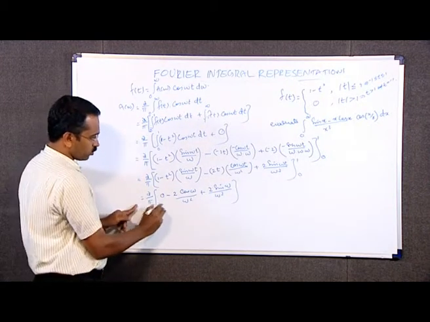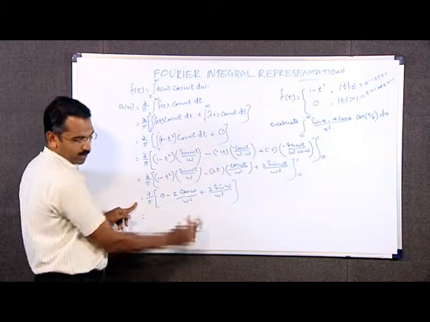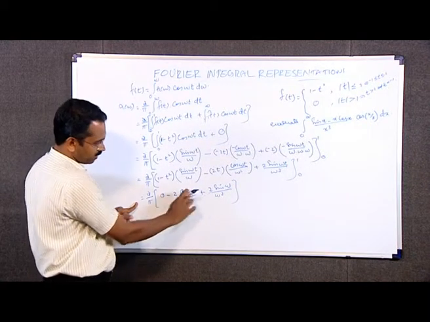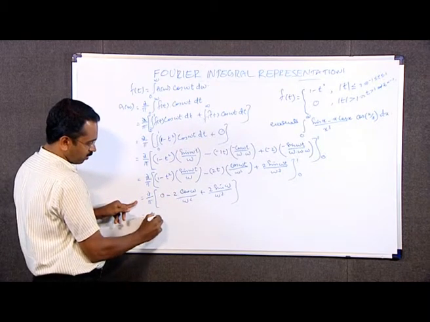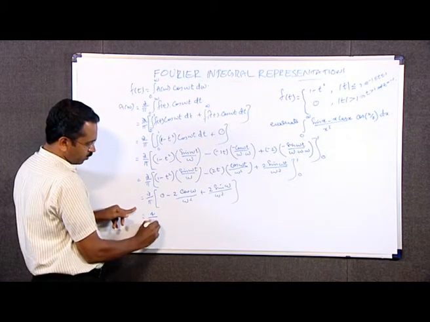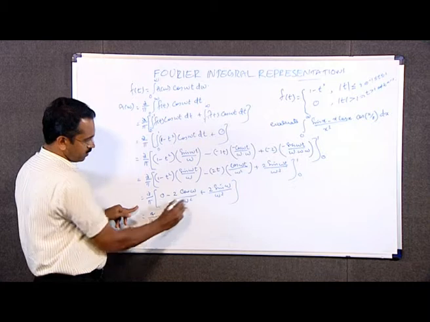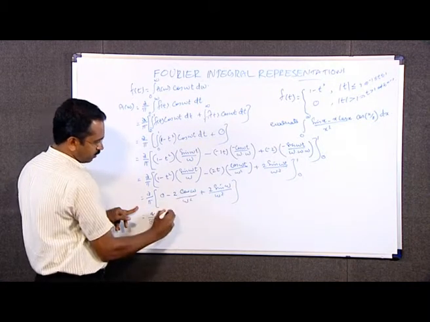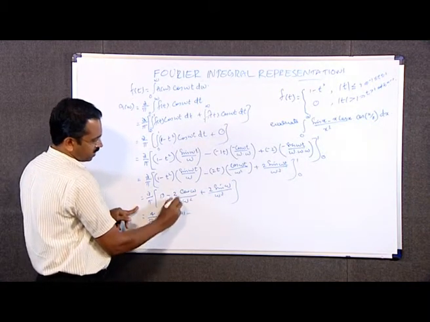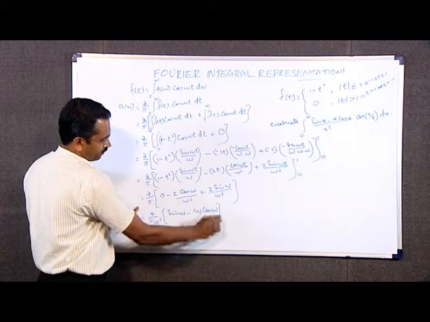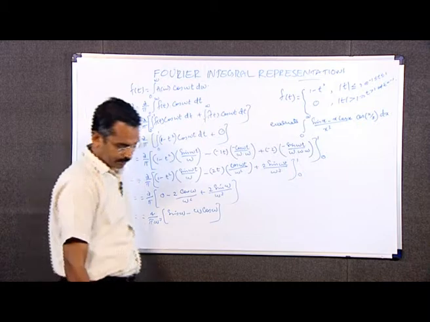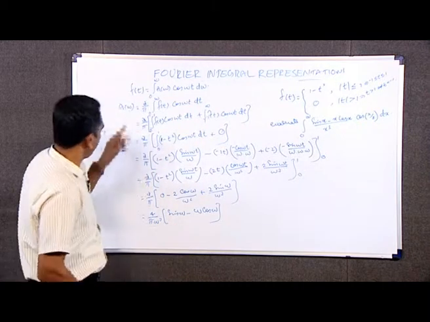Therefore, this is equal to this 2 by omega square, omega cube can be taken outside. Therefore, this will become 4 by pi into omega cube, into sin omega minus omega cos omega. This is the value of A omega.